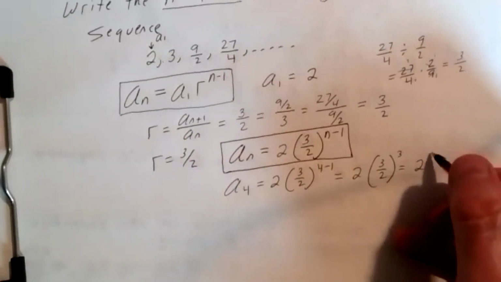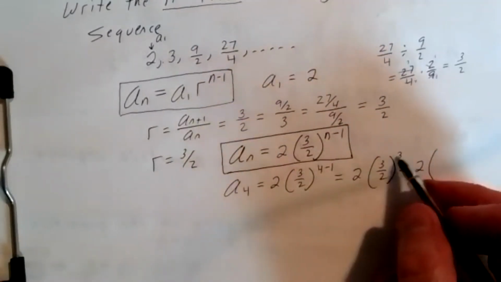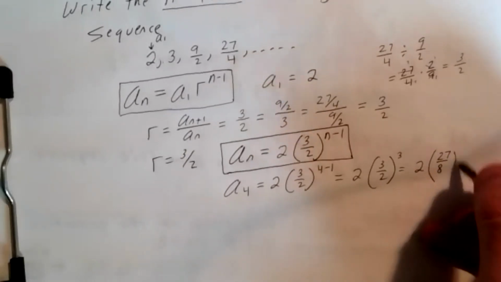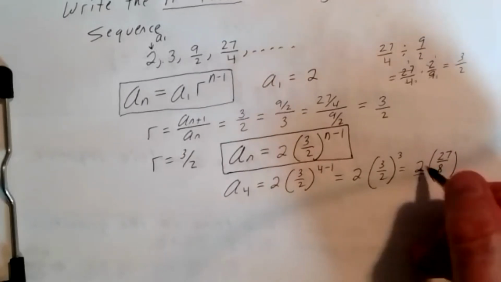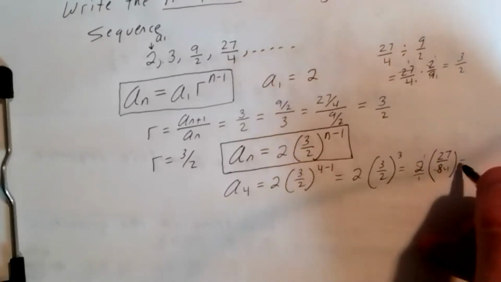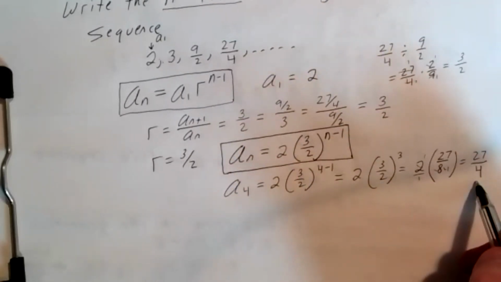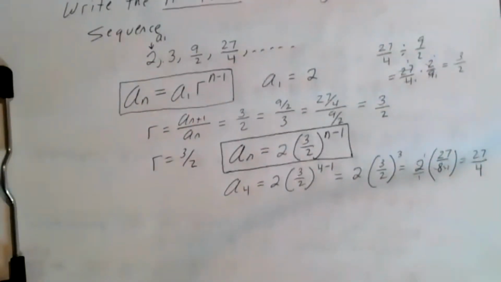What's 3/2 cubed? 3 cubed is 27, 2 cubed is 8. What's 2 times 27/8? The 2 and the 8 cross reduce, and we get 27/4. Ladies and gentlemen, we do get the 4th term. Looks like this is indeed the nth rule for that geometric sequence. Okay.